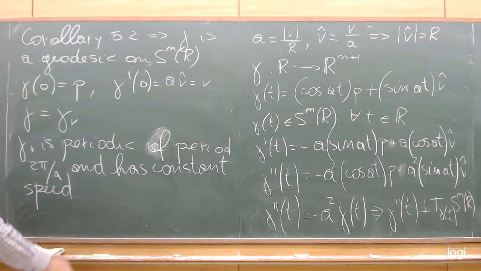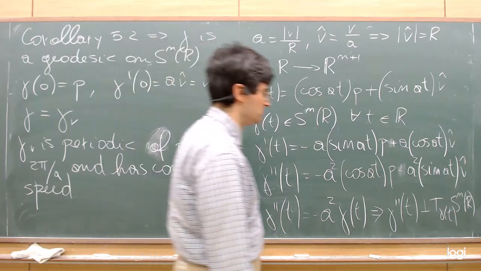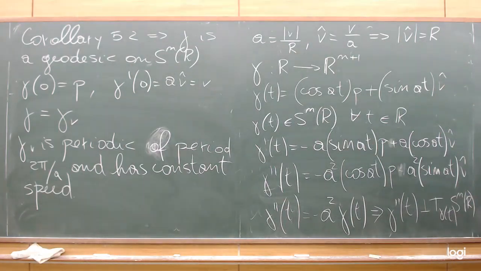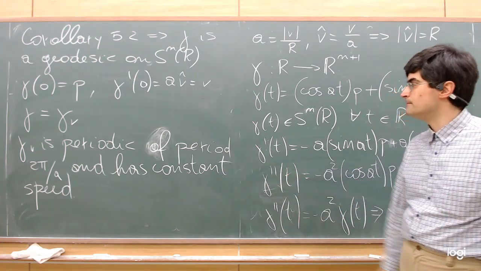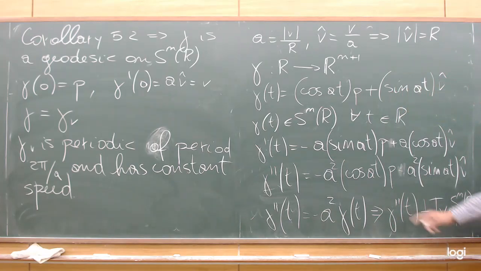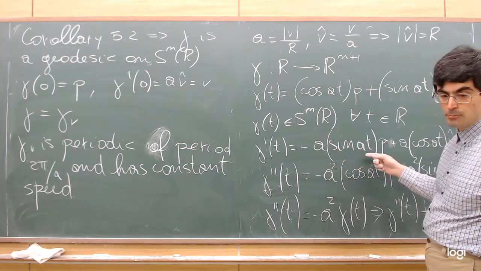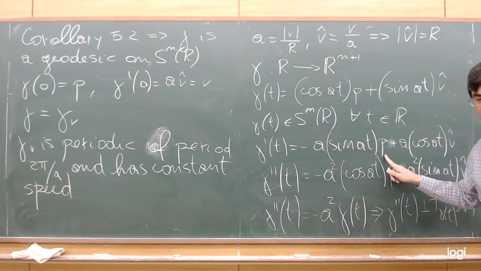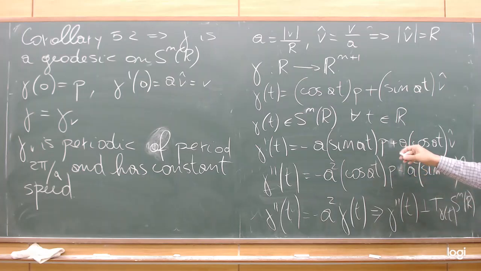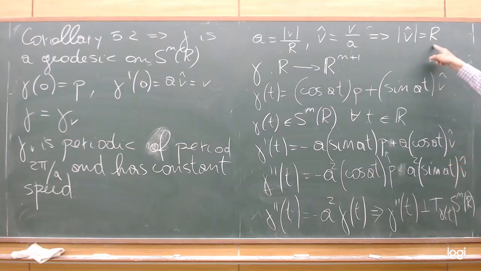This is true, for example, by a simple computation. Look, for example, at gamma prime t. This is a linear combination of two vectors of length r. This is the position vector p, which has length r, and this is a vector of length r by construction.